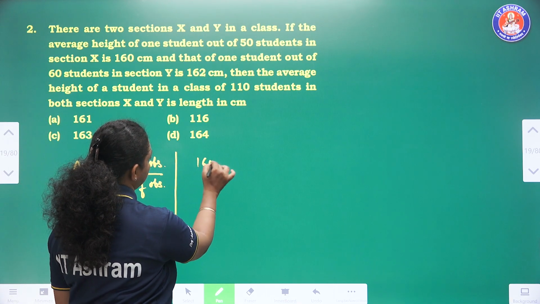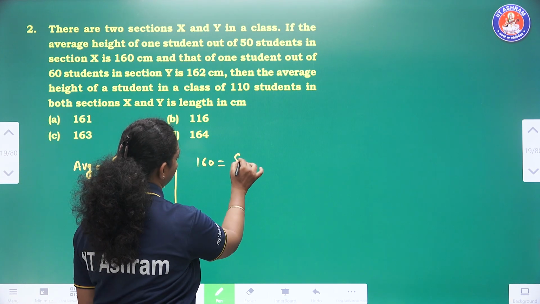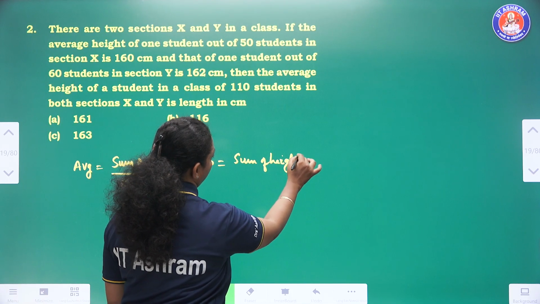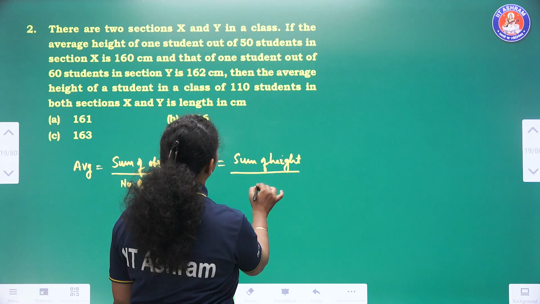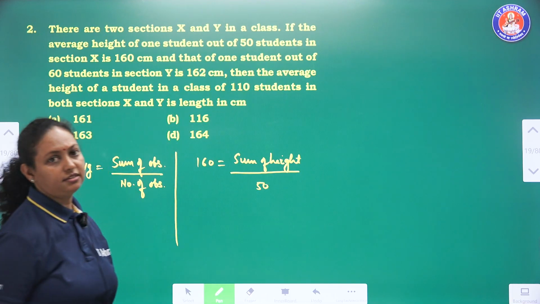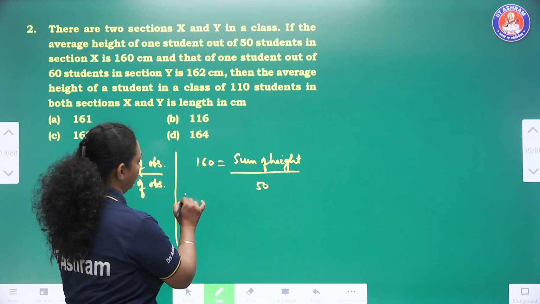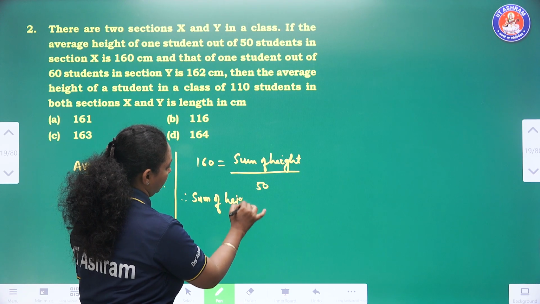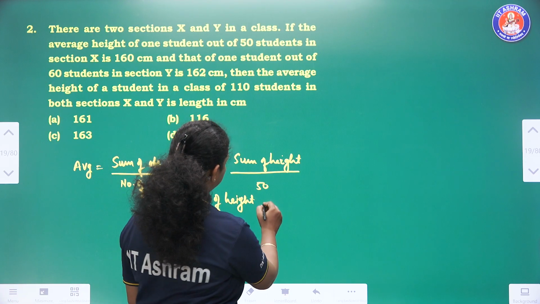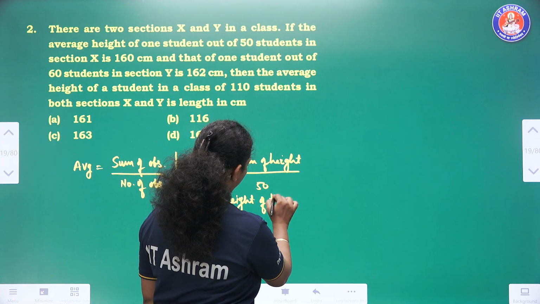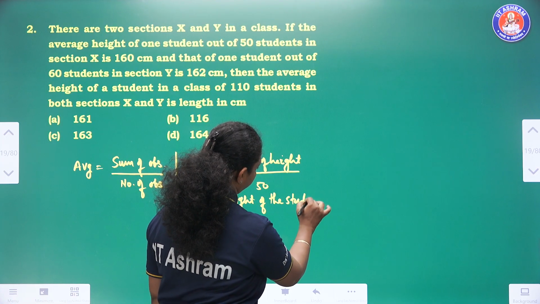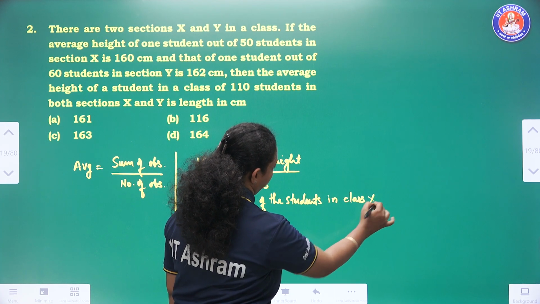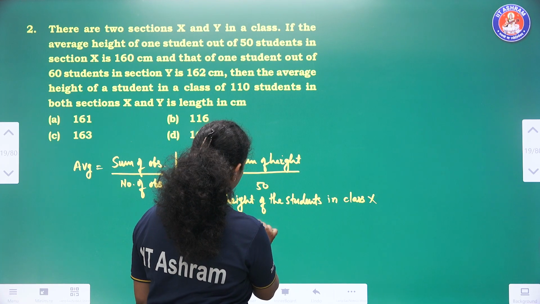So 160 is equal to sum of height of each student in class X divided by 50 because there are 50 students. So sum of height of the students in class X is equal to 160 into 50.